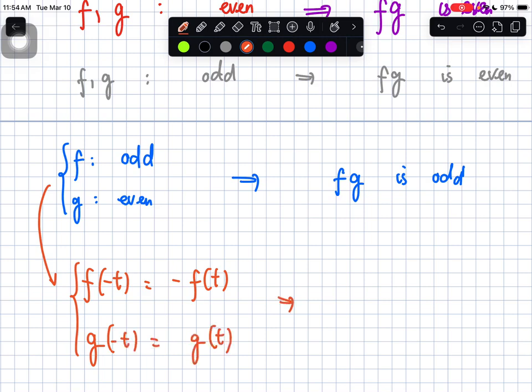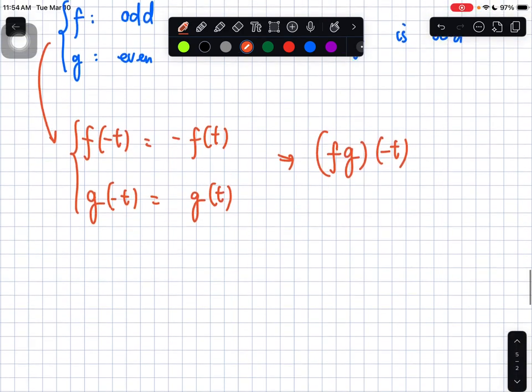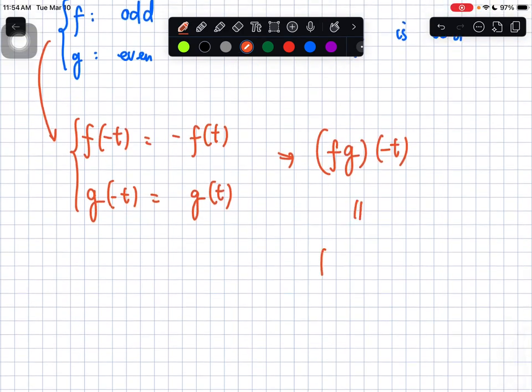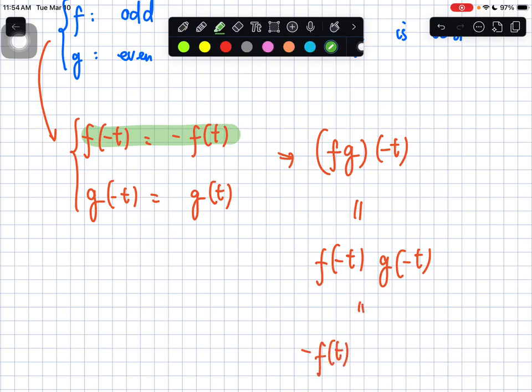You do the multiplication, f g at minus t. So this is how we do multiplication, f of minus t, g of minus t. But f of minus t equals minus f(t). That is for the first one. For the second one, g of minus t equals g(t).